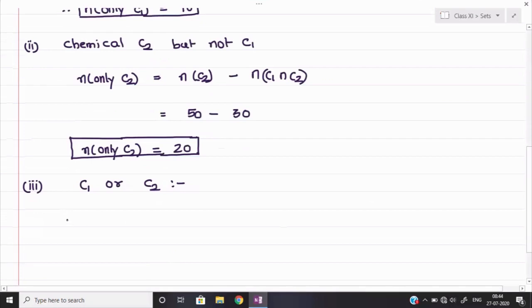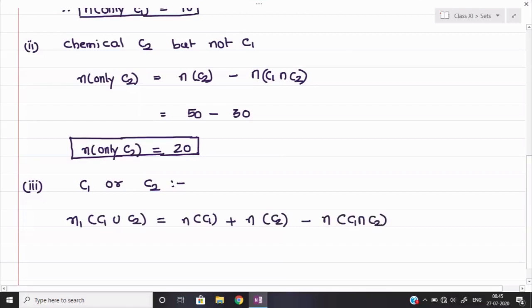So N of C1 union C2 is equal to N of C1 plus N of C2 minus N of C1 intersection C2.